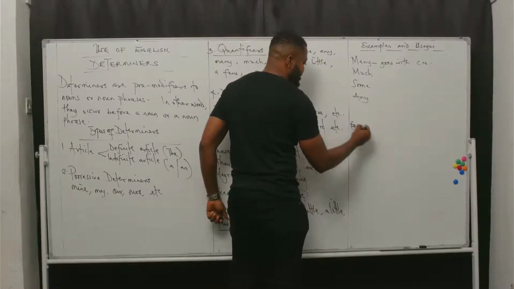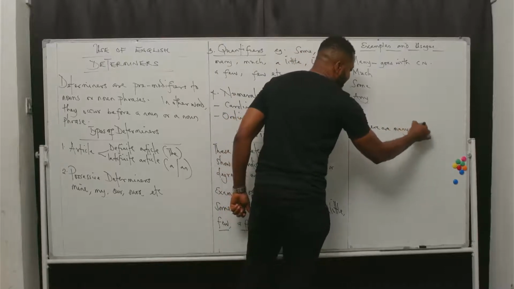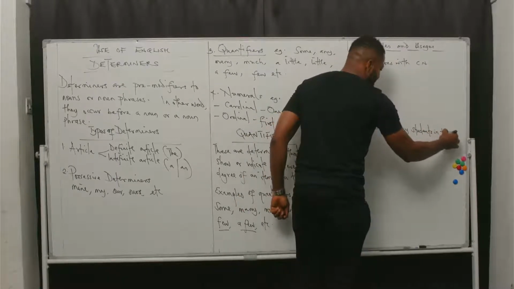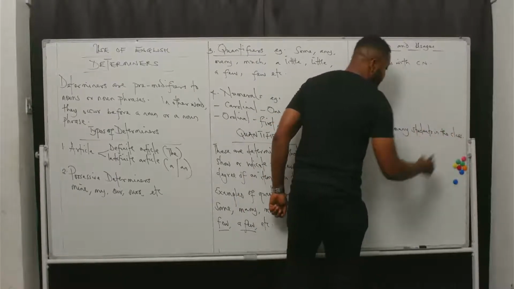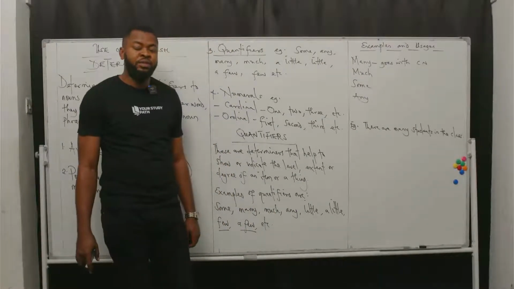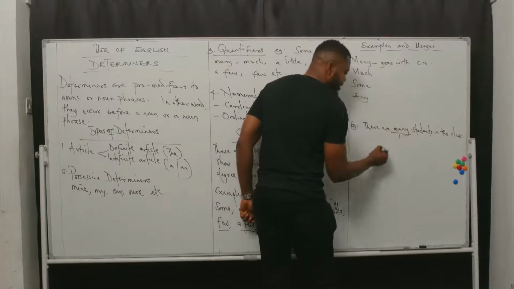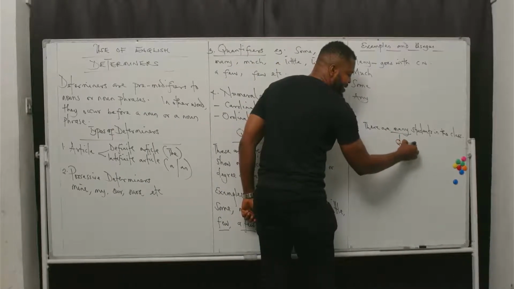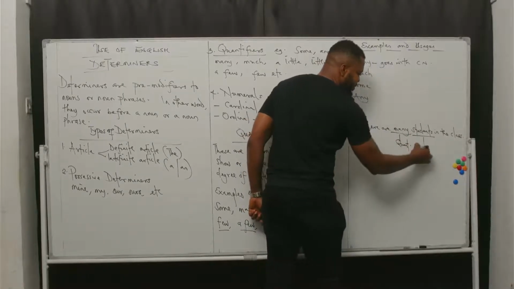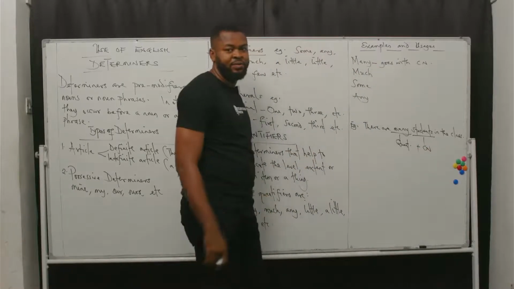Let me give an example. E.g., there are many students in the class. I hope you can see. There are many students in the class. Now, let's take the analysis of this. Look at what many will quantify. Look at students. Students is a count noun.